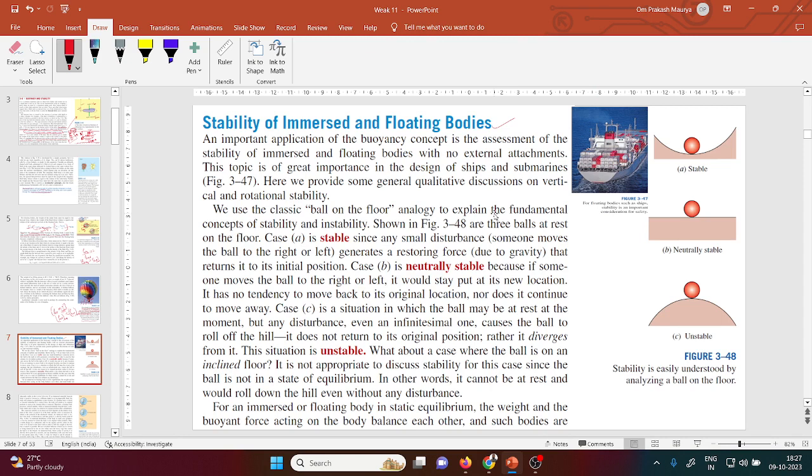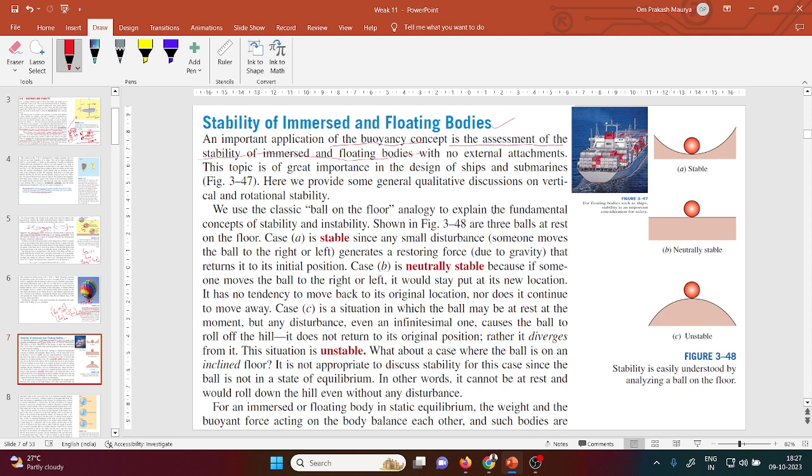So what is the stability of immersed and floating bodies? Basically, an important application of the buoyancy concept is the assessment of the stability of immersed and floating bodies, that is, with no external attachments.